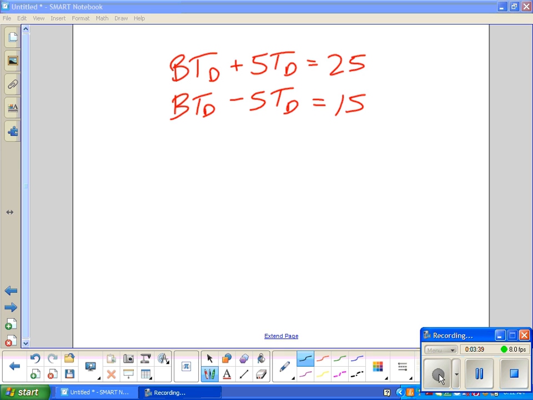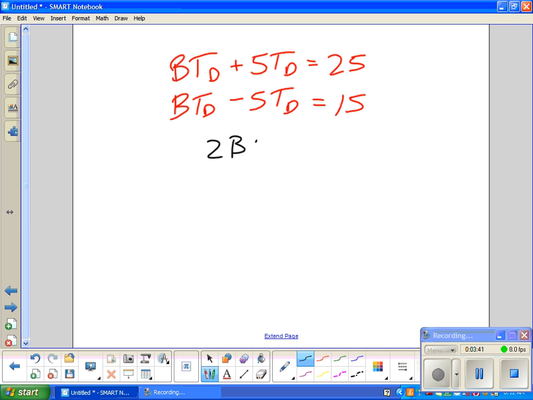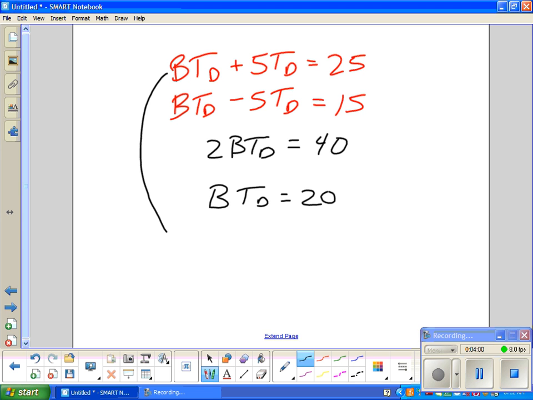And if we add these together, I can write this. Well, we can quickly see we divide both sides by 2. We can see that the product of b times td is 20. We don't know b, we don't know td, but we know its product. So we just use that knowledge back in the original equation.